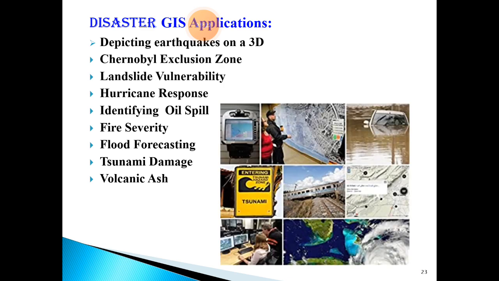Next is GIS finds its application in the field of disaster management. Disaster is a sudden or accidental damage that happens to the nature.